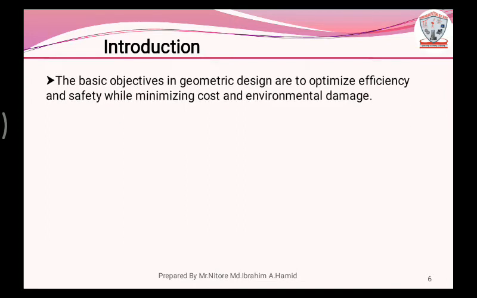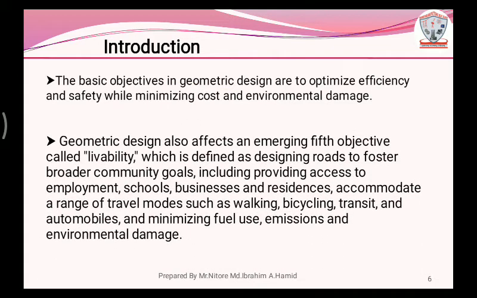The basic objectives in geometric design are to optimize efficiency and safety while minimizing cost and environmental damage. Geometric design also affects an emerging fifth objective called livability, which is defined as designing roads to foster broader community goals, including providing access to employment, school, business, and residences, accommodating a range of travel modes such as walking, bicycling, transit, and automobiles, and minimizing fuel use, emissions, and environmental damage.